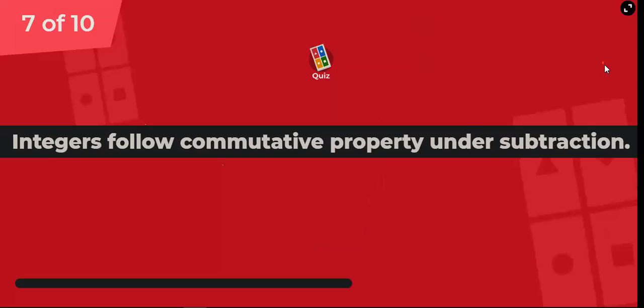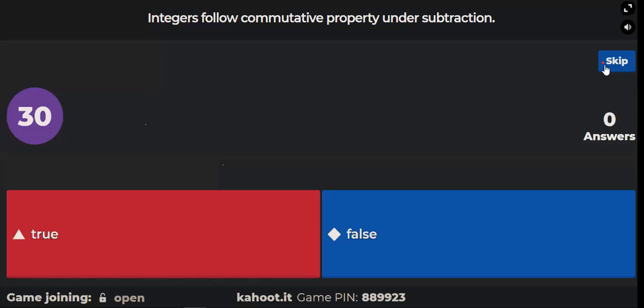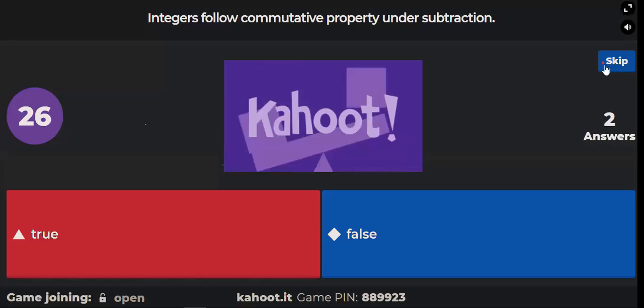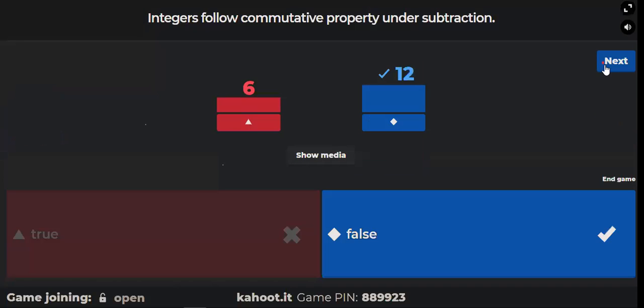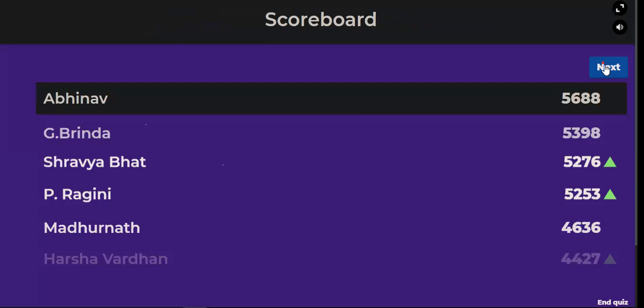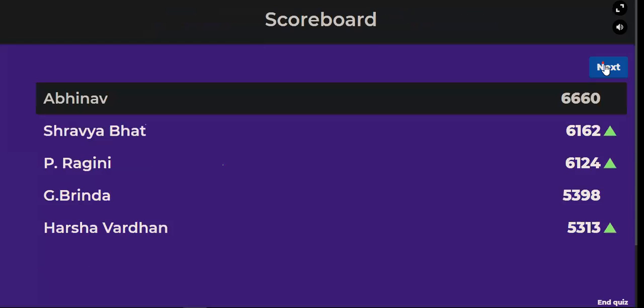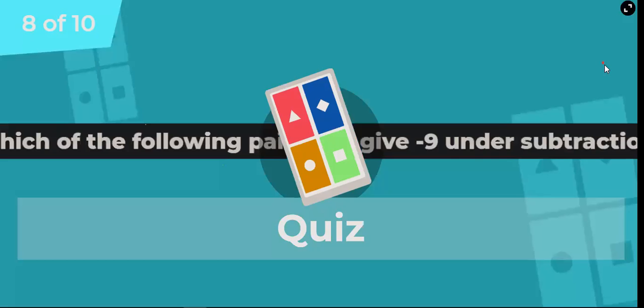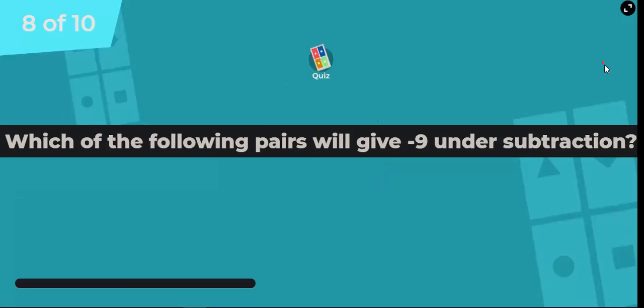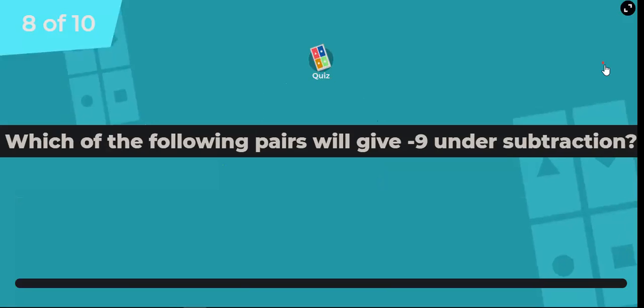Second question, integers follow commutative property under subtraction. True or false? Fast, fast. If you answer within seconds, you'll get more points, okay? Very good. Stolzen said it is false now, right? People are just scoring good scores. Next, which of the following pair will give minus 9 under subtraction?